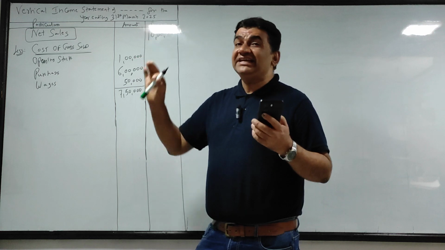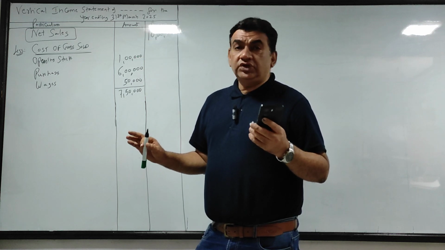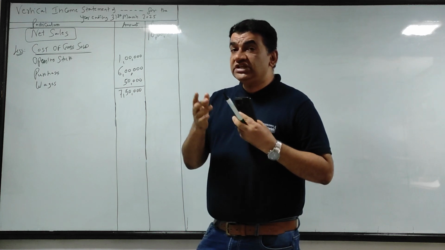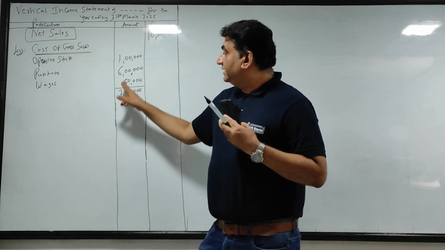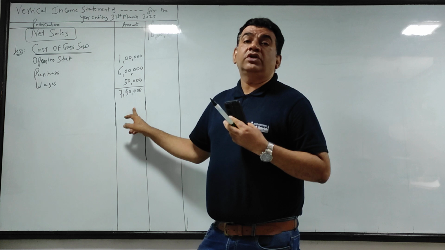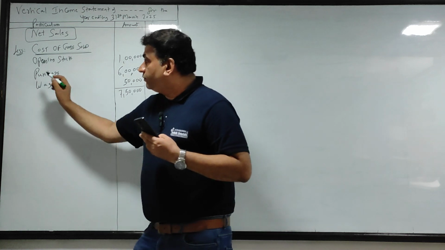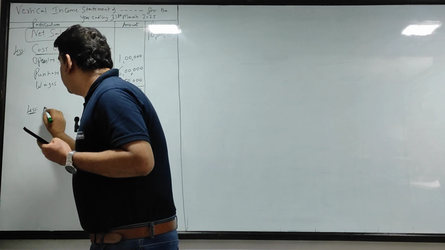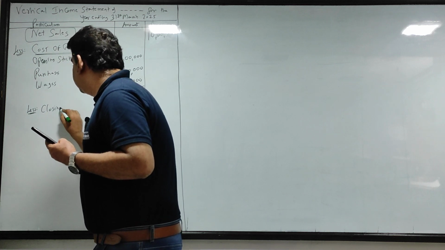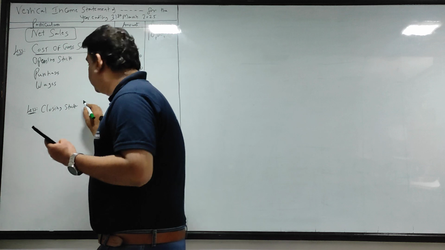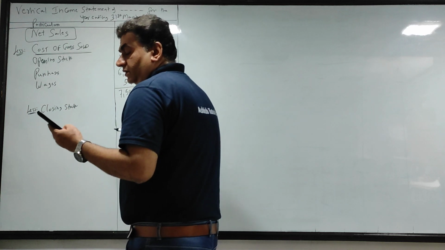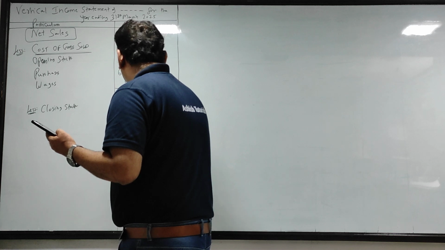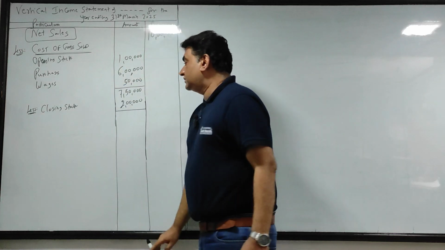Now, see on the credit side, how many items? 2. Sales already done. What remains? Closing stock. Now, because closing stock comes on the credit side, we will deduct from the total of the debit. Less closing stock, that is 2 lakhs.